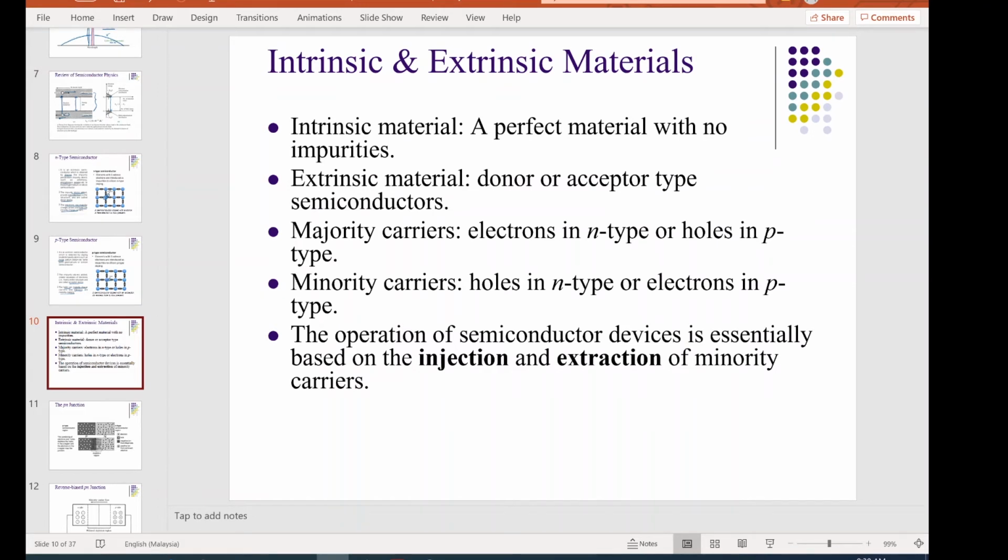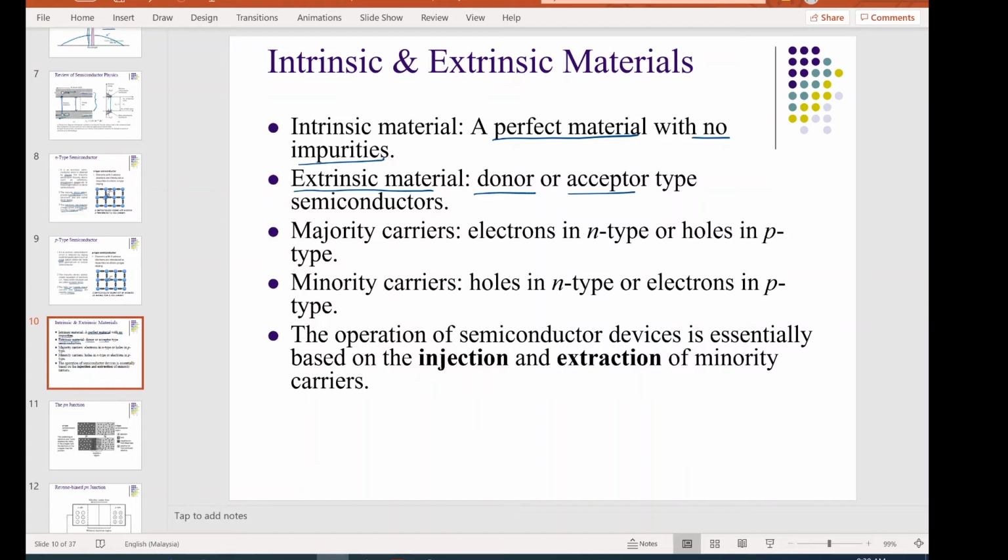An intrinsic material is considered a perfect material with no impurities. We don't add any other material inside the semiconductor itself. However, for extrinsic material, as we saw earlier, we add donor or acceptor, and then it becomes n-type or p-type semiconductor.